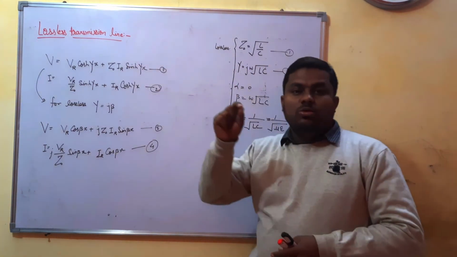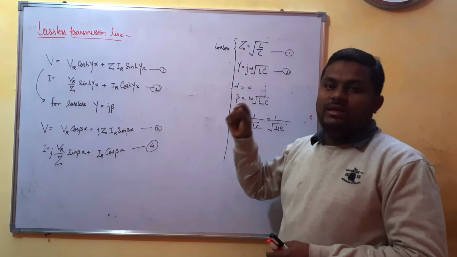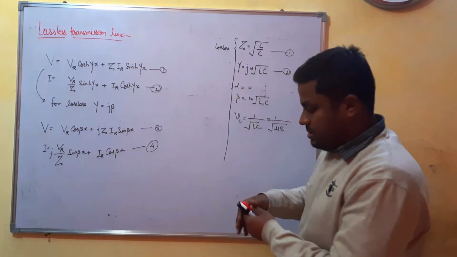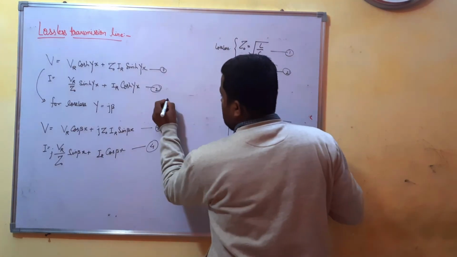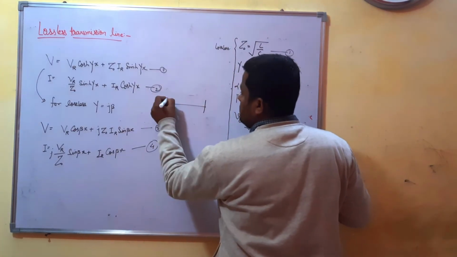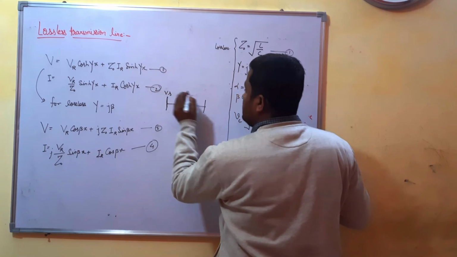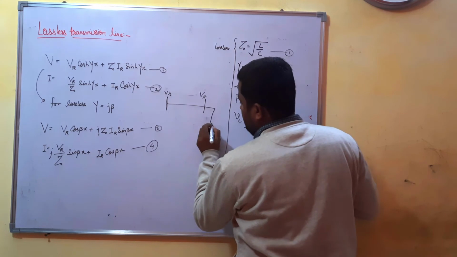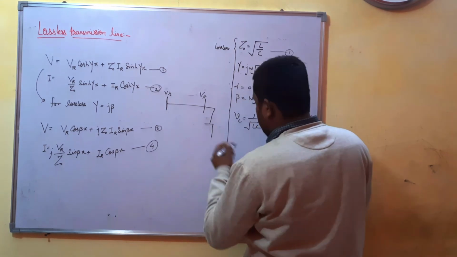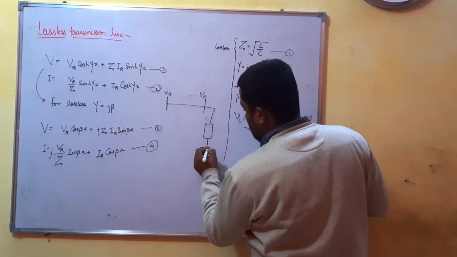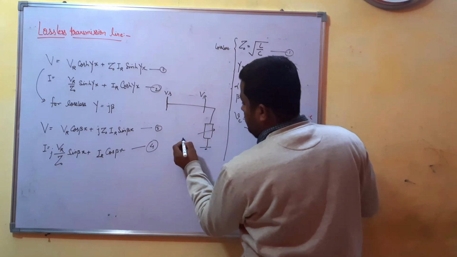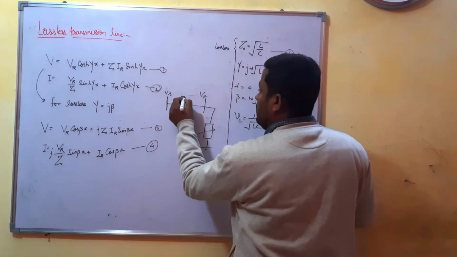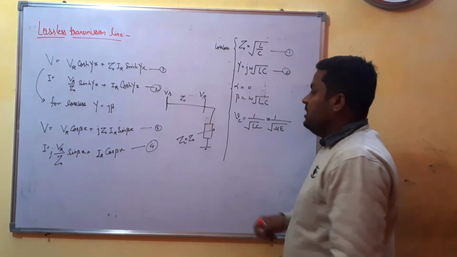If we connect a load of approximately 400 ohm at the receiving end of our overhead transmission line, here this is the sending end Vs, this is the receiving end VR, and this is the connected load, and the value of this load is approximately Z0. Z0 is the characteristic impedance of the line.